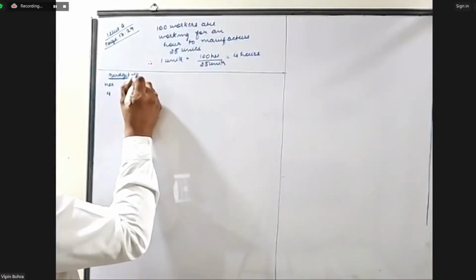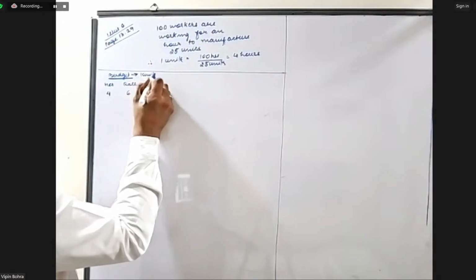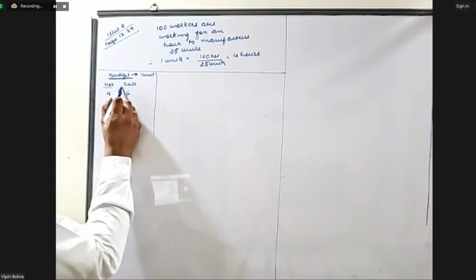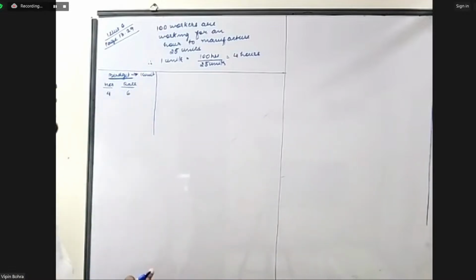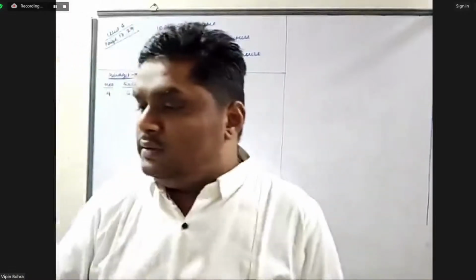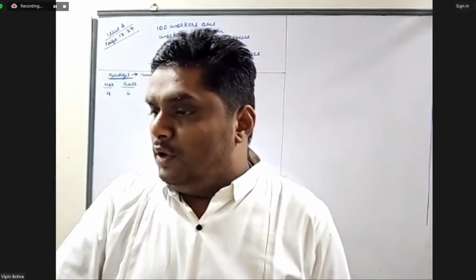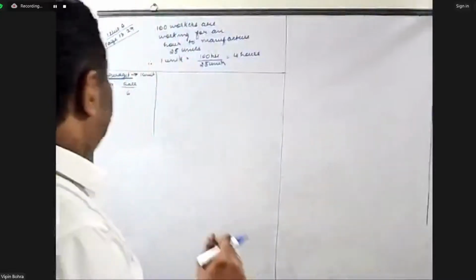This data is given for 1 unit. 1 unit requires 4 hours and the rate is rupees 6 per hour.